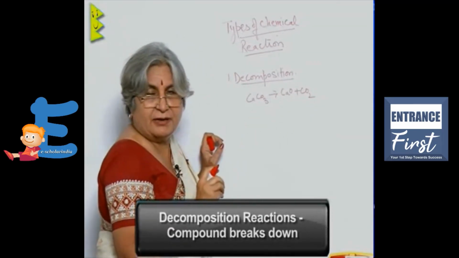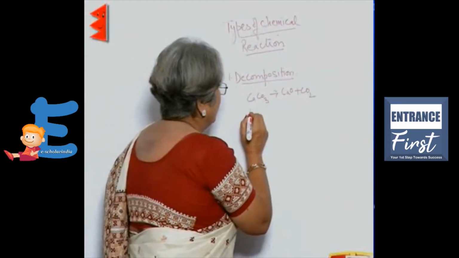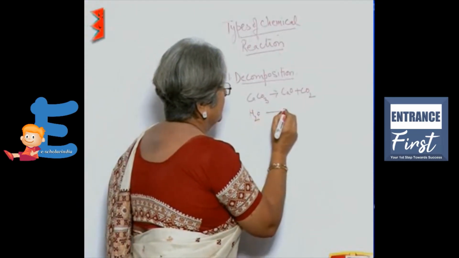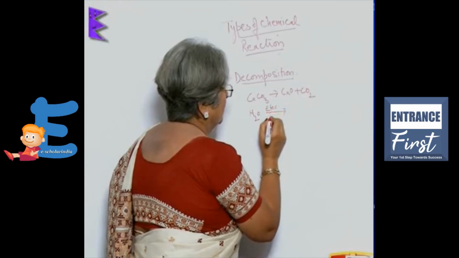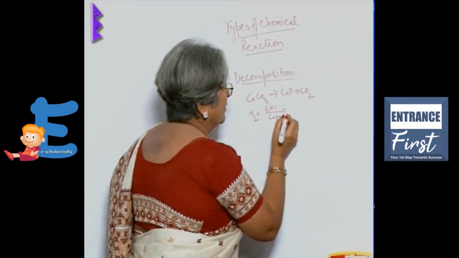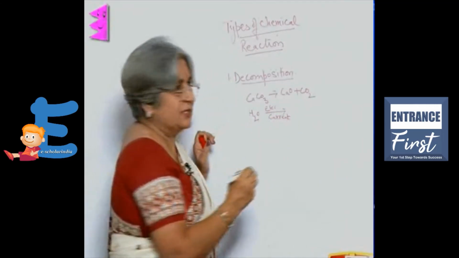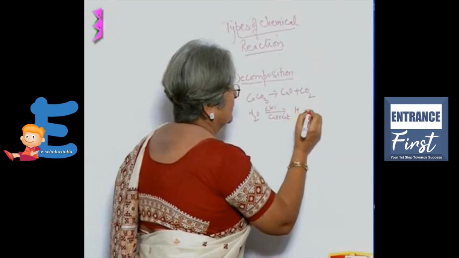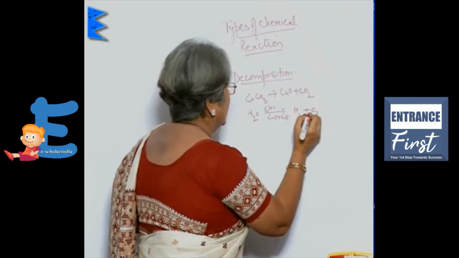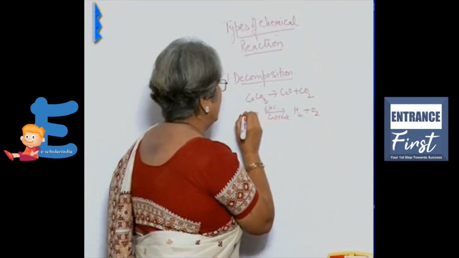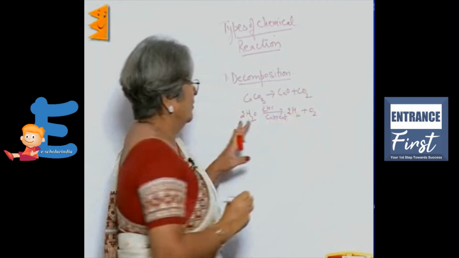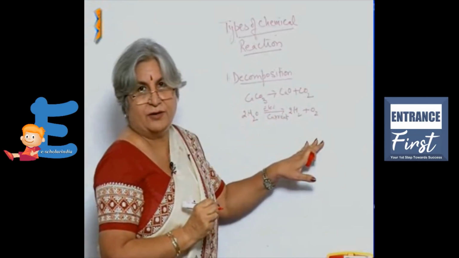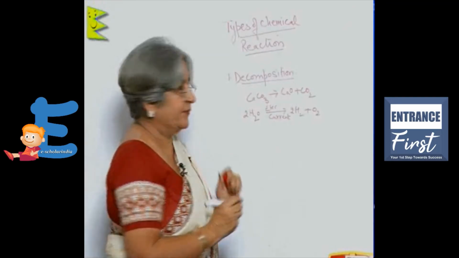You pass electric current through water, what will happen? You will get hydrogen and oxygen. So here also what has happened? Water has broken down into hydrogen and oxygen.